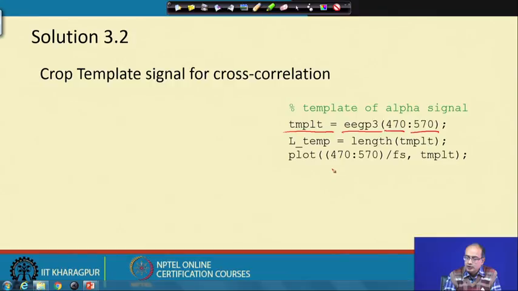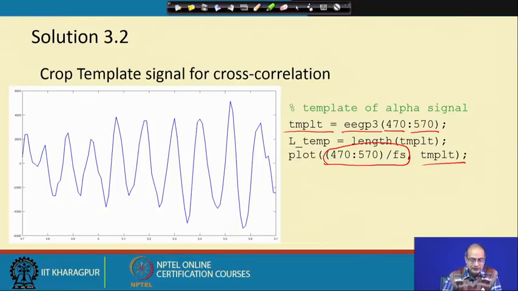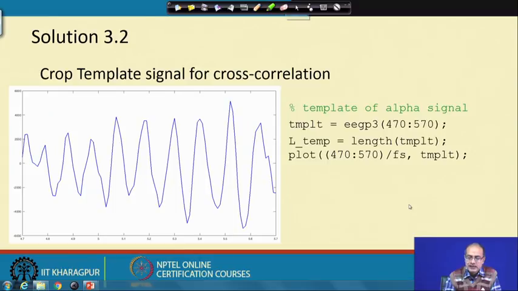Here, instead of assigning any variable, we are taking the time instant corresponding to samples 470 to 570, and this is plotted. Here is the template, starting from 4.7 to 5.7 second. Okay. So, this is our starting point for the template matching.